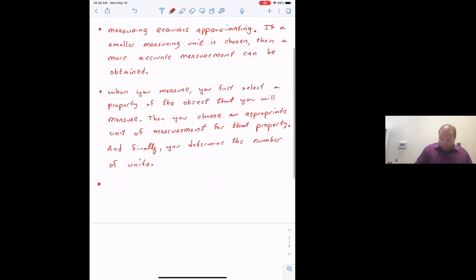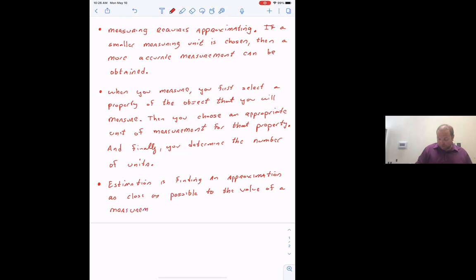So, estimation. What is estimation? It is finding an approximation as close as possible to the value of a measurement by sensible guessing.